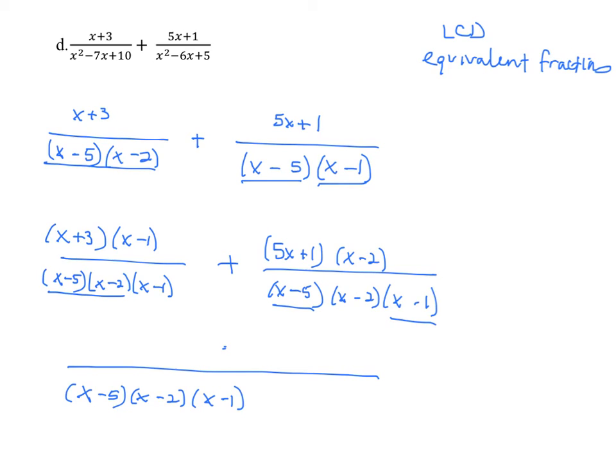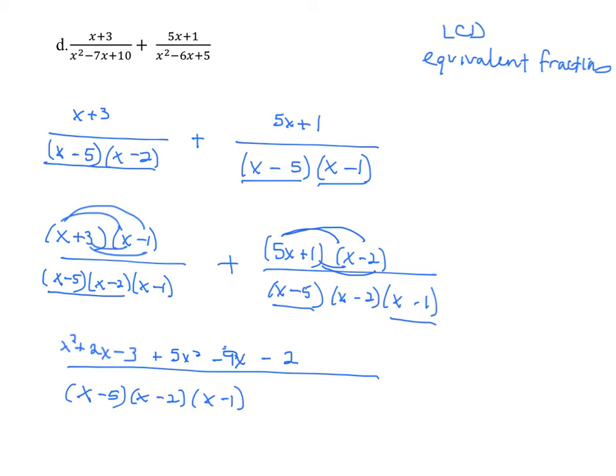So here we go. I'm going to totally multiply this out, FOIL this one out, and when I do, I will get x squared plus 2x minus 3. Yes, I will. And then, if I multiply this guy out, I'll get 5x squared. And then my outside will be negative 10. My inside will be a positive 1, so negative 9x. And then the last will be negative 2.